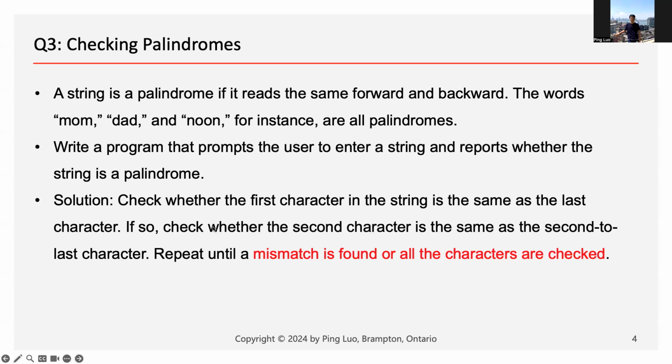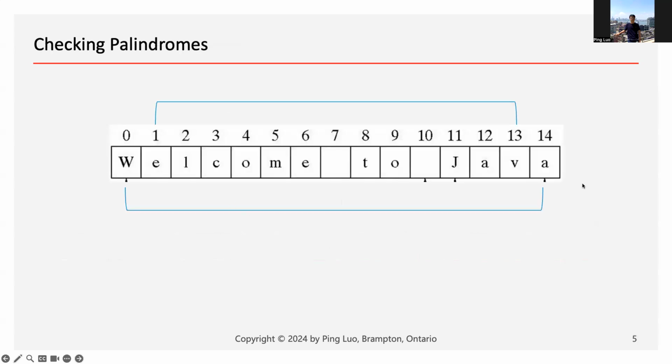An easier solution is to check the first character and the last one, then the second and the second to last, to see if they are the same. As long as they are the same, reading backwards gives the same string. We use low to represent the first index and high to represent the index from the end of the string.